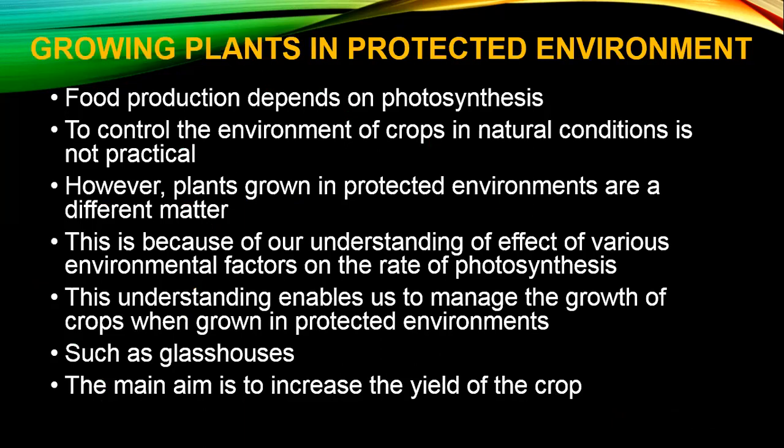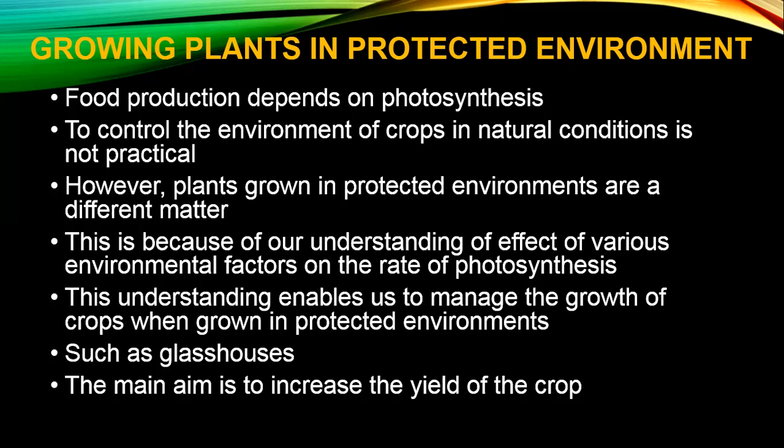So first of all, we will start with growing plants in a protected environment. Now we know that when a plant is growing, it's going to produce fruits, and if we are talking about crop plants, then there is crop yield.